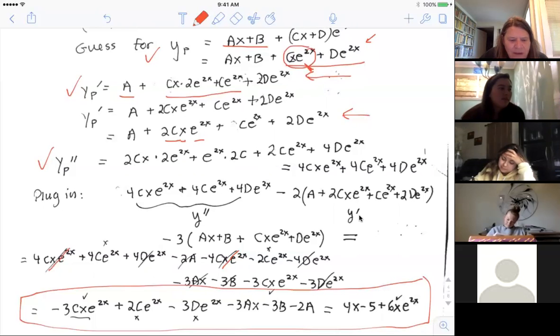I may have some more of those terms, but that dropped out, okay? At that point, I looked at the terms I had left. I had e to the 2x terms. I had some constant terms. I like to go ahead and take care of the constant terms because they're fairly easy. So minus 2a minus 3b were my constant terms, and they ended up right here.